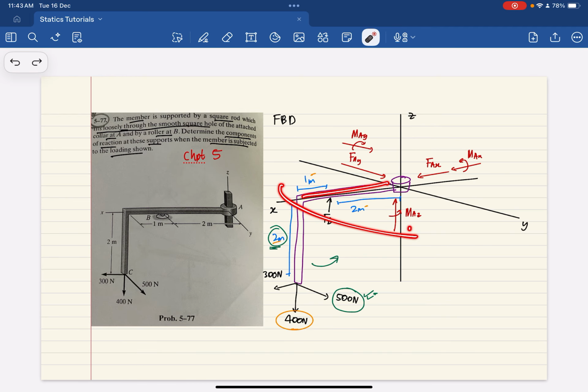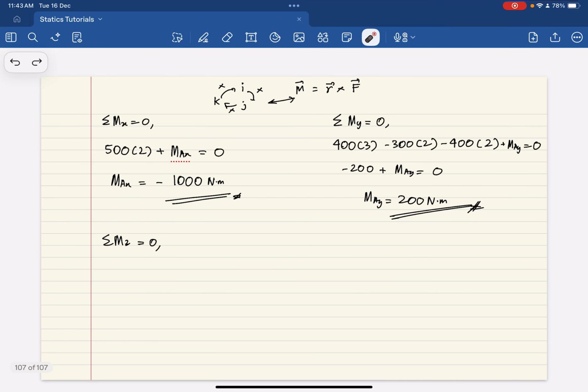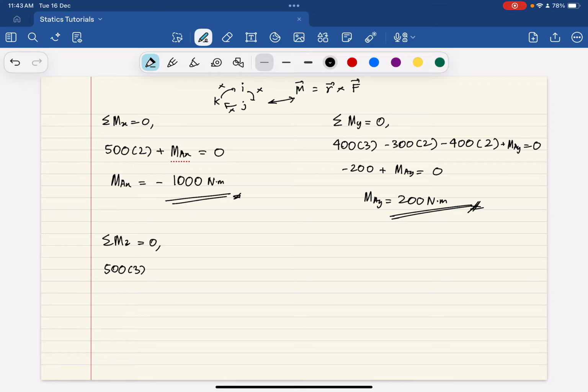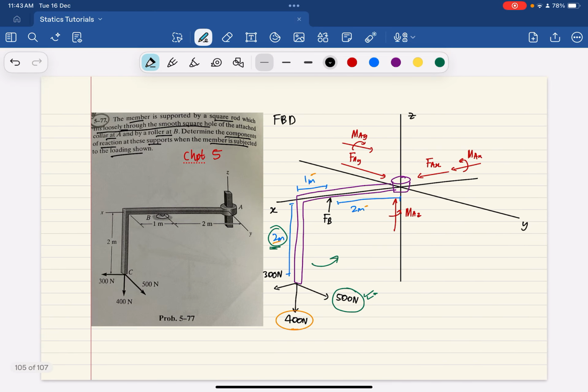So it's going in a counterclockwise direction, therefore positive. So 500 times 3 positive plus MAZ equals 0. So MAZ will be negative 1500 Newton meters. So it's negative because it counteracts it. So yeah, that's basically it.